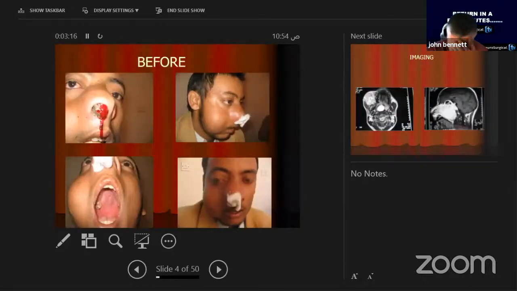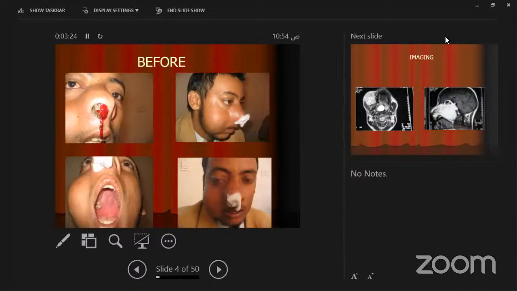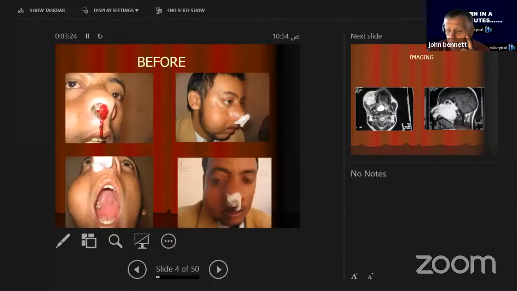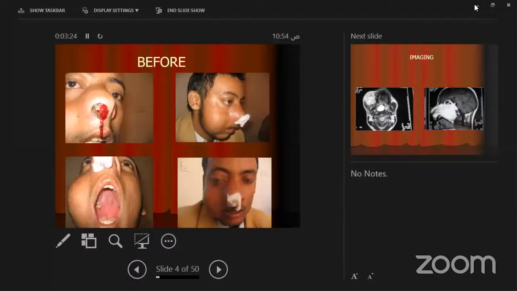So we can see only the slide. The video is not working. No video, so we do only slides.